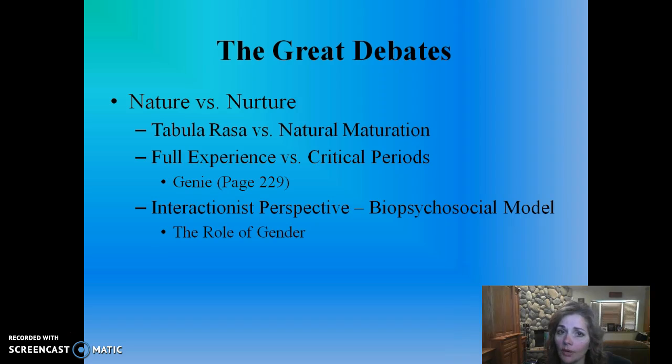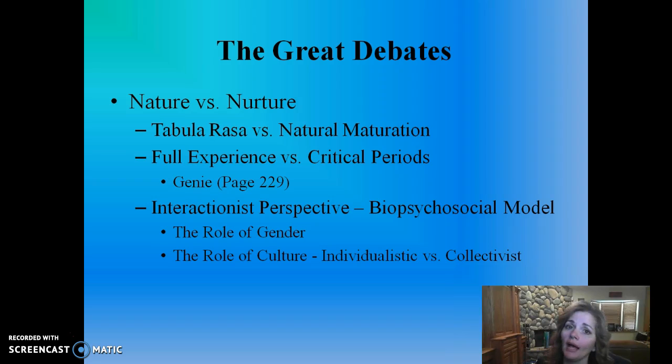As part of that interactionist perspective, there are key aspects of our identity that might shape how we interact with the world and also might influence how the world interacts with us. Gender is one such area. I am a female, and as such, I am perceived differently in the world.